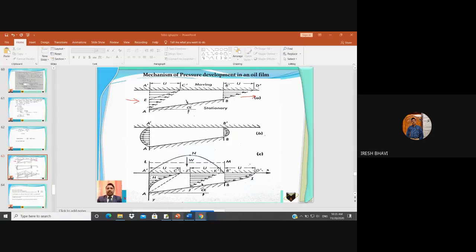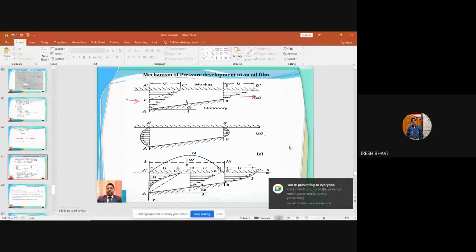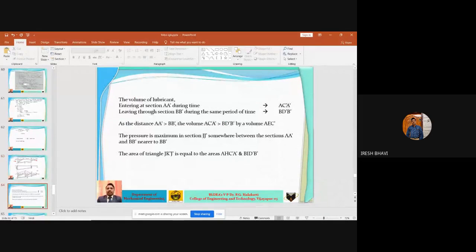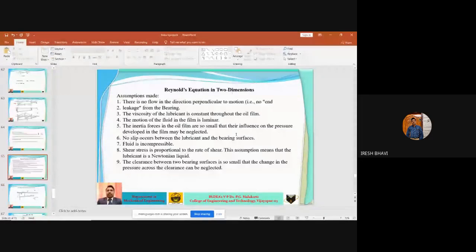Then let us move on to the Reynolds equation in 2 dimensions.